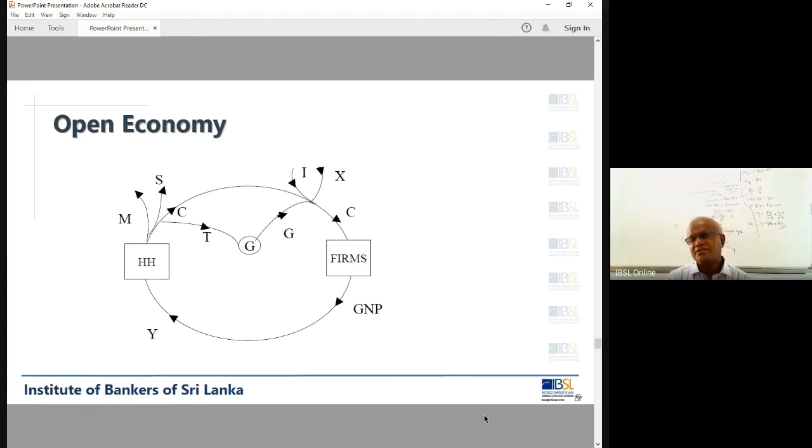When this GNP is translated to income for the households, supply and demand, what do they do? How do they demand? Y equals first consume, then you have to pay taxes, then imported goods.